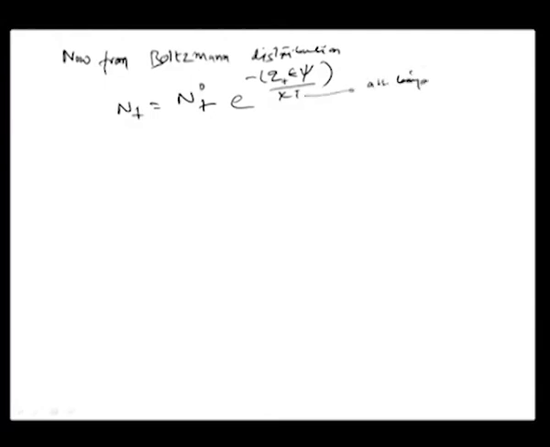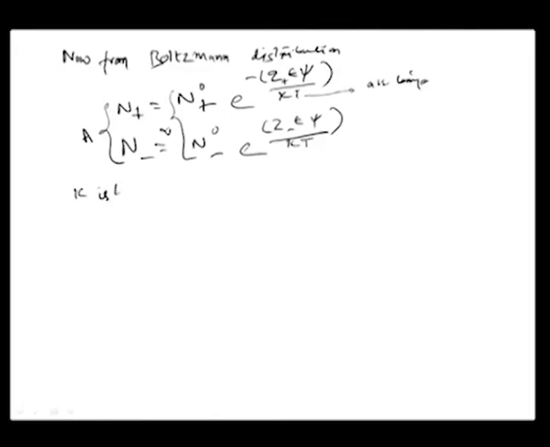and this is also a function of the absolute temperature of the system. And similarly, the n minus at the point A, mind you, these are number densities at point A, and these are number densities at infinity: n minus 0 e to the power of Z minus epsilon xi by kT.